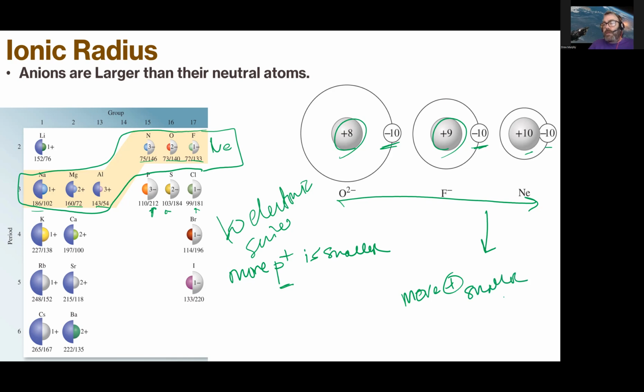The trend would be a 3 minus is the largest, then a 2 minus, then a 1 minus, then a 1 plus, then a 2 plus, then a 3 plus. So think that through. Look at some stuff and practice ranking them, and let me know how you go.